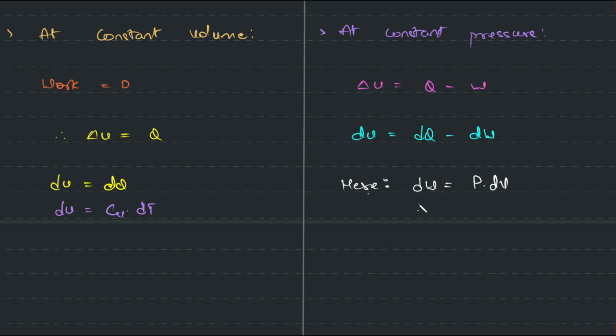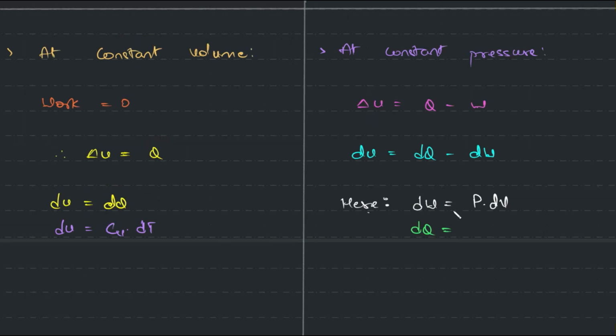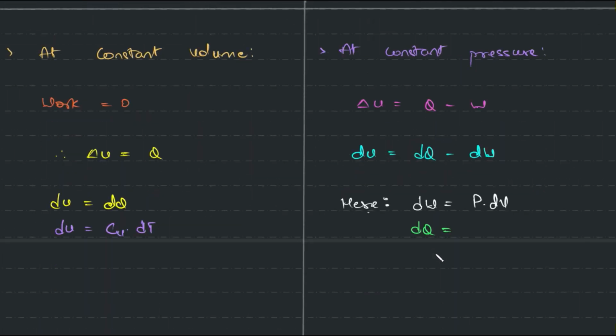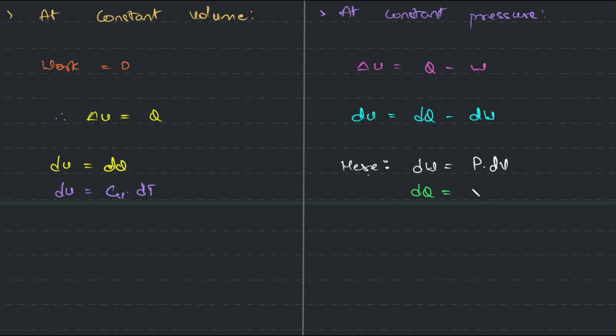Then dQ, when it comes to constant pressure, is Cp into dT. And dU is Cv into dT. This is from 1. Okay, so all this is good.